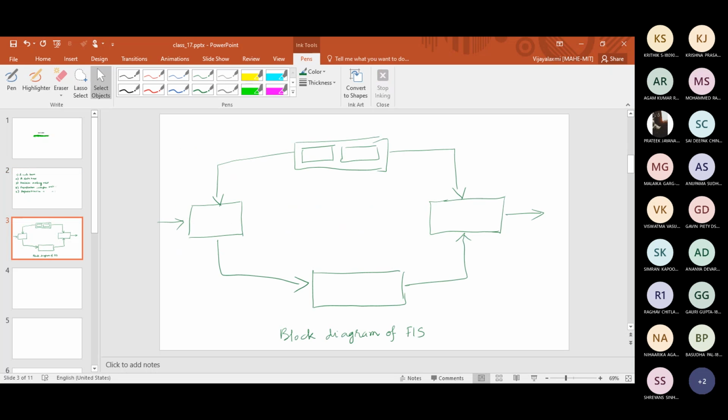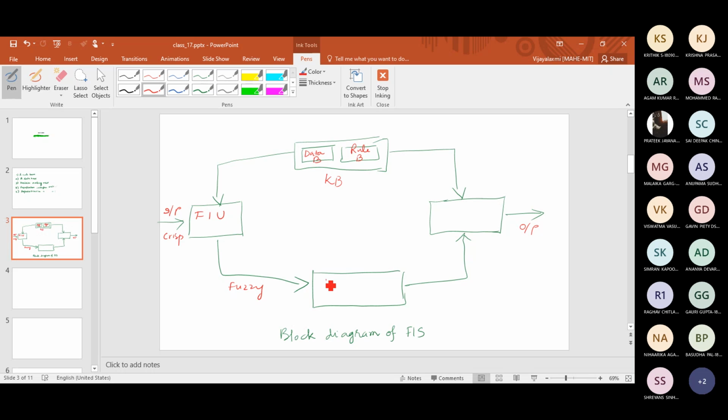The basic diagram of a fuzzy inference system is something like this. So this is the input and this is the output. Here we have the fuzzification interface unit. This is the crisp value and this is the fuzzy value. Here we have a knowledge base, and in this we have the database and the rule base. Database and rule base together we call the knowledge base.